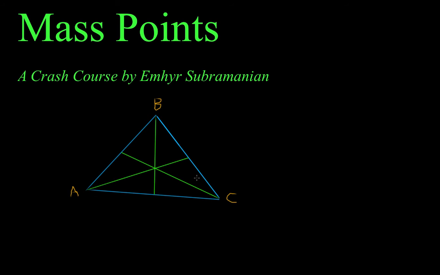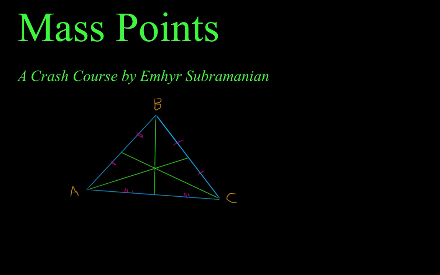So, for example, this is congruent to this, and this is congruent to this, and this is congruent to this. That's what medians are, and a property of medians is that if you draw all three medians of a triangle, they intersect at a certain point.